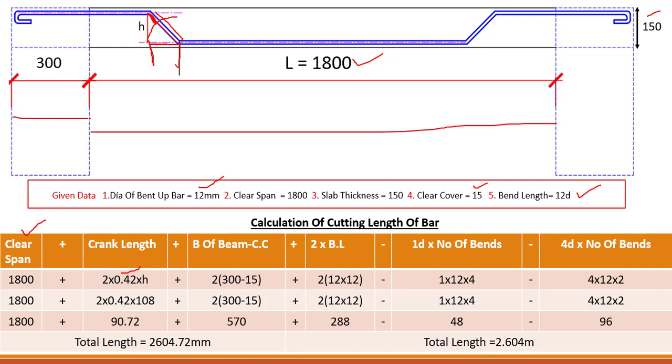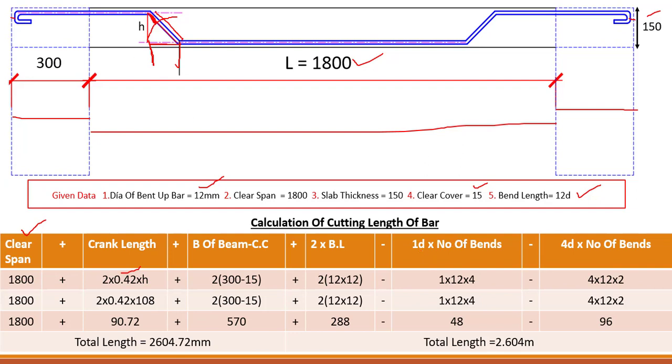Okay, this one plus this one minus concrete cover. Okay, because we need to deduct concrete cover at this end in order to meet the requirements, and this end as well. Okay, and 2 into bend length. Okay, we have two hooks over here, so 2 into bend length minus we need to do the bend deductions as well.